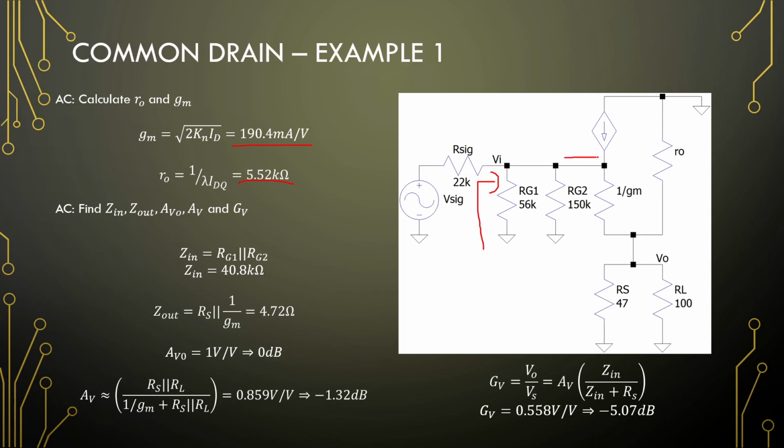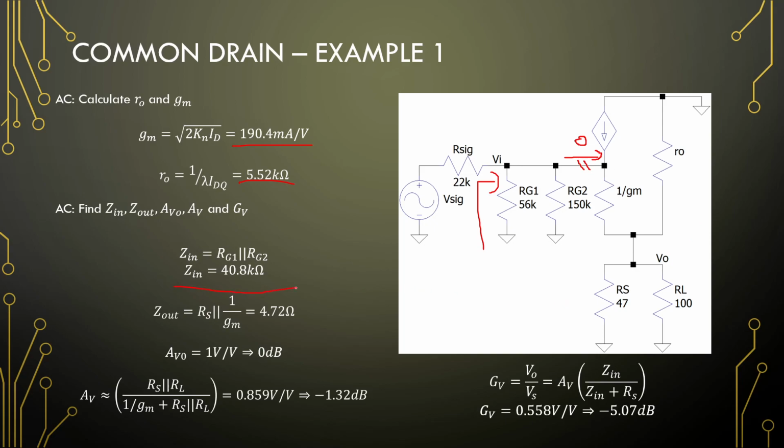So the first thing to remember when looking at this small signal model right here is that we have zero current flowing into this amplifier, and that is just as a reminder that we are looking at an open circuit here on the input of this amplifier.